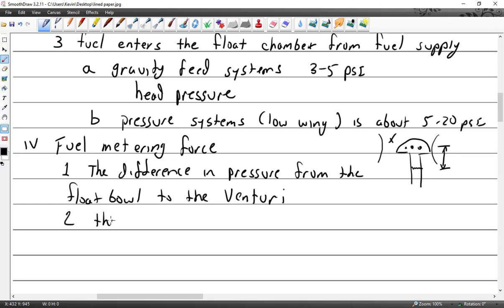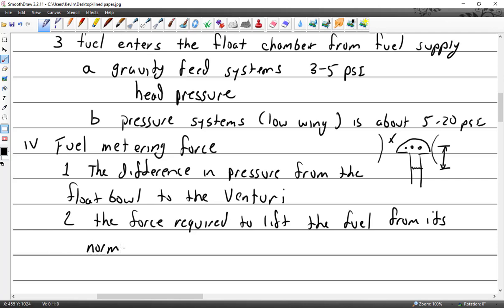Or we could say the force required to lift the fuel from its normal level to the discharge point.